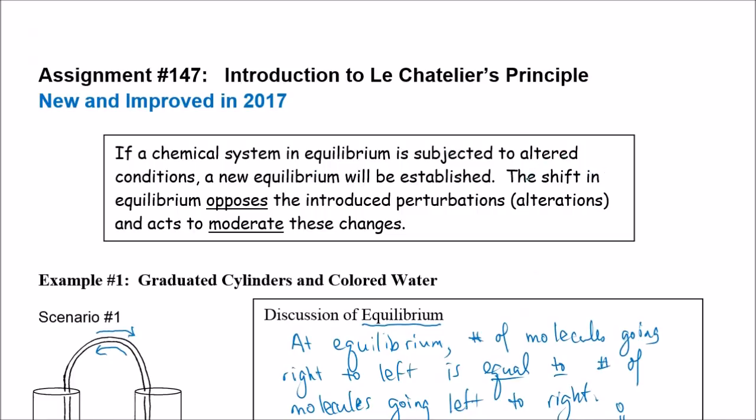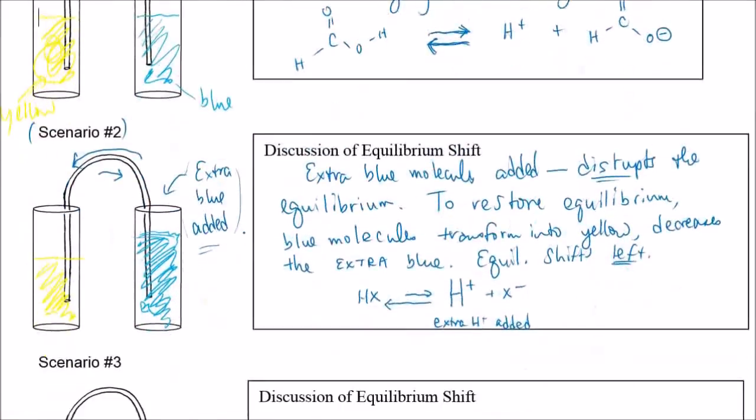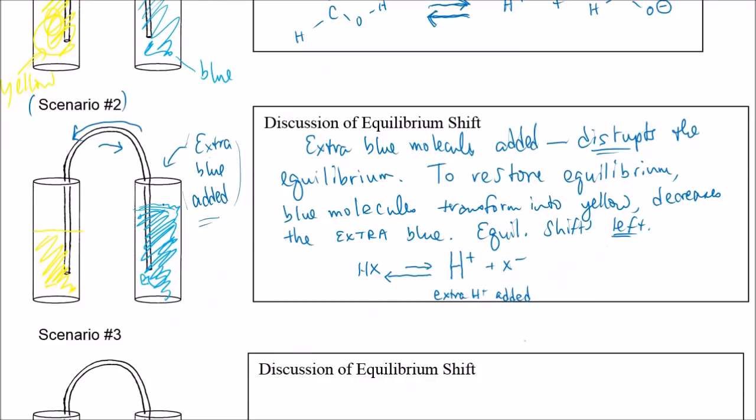You saw that in the video. The shift in equilibrium opposes the introduced alteration and acts to moderate. So extra blue, opposing that is get rid of the blue. Moderate, there was a whole bunch of extra blue. In the end, there isn't that much extra. The equilibrium shifts to moderate this change.